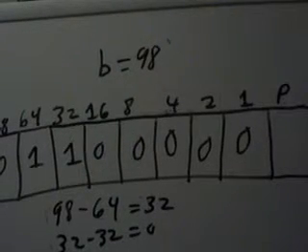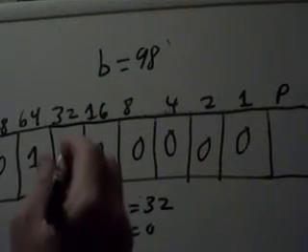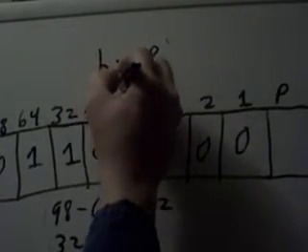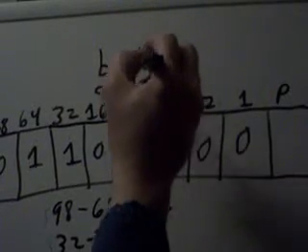Let's say we decide that we're going to send the letter B, which is 98, but it's going to come to our computer as letter D, which is 100.